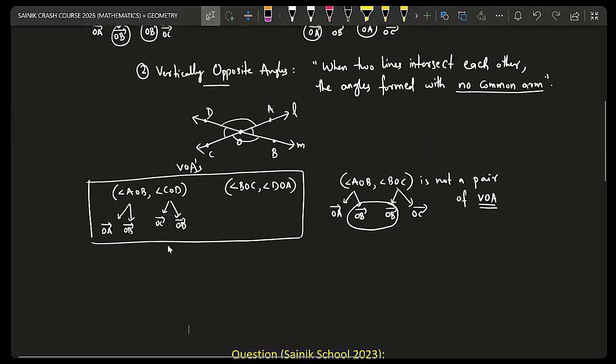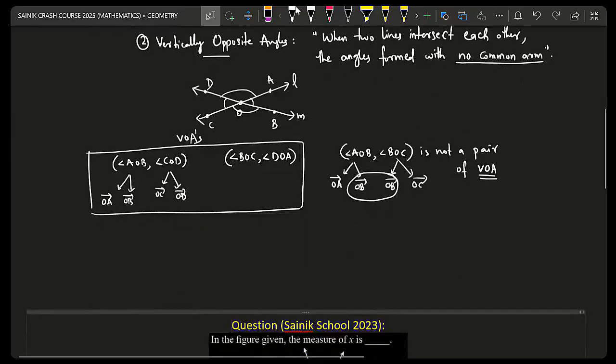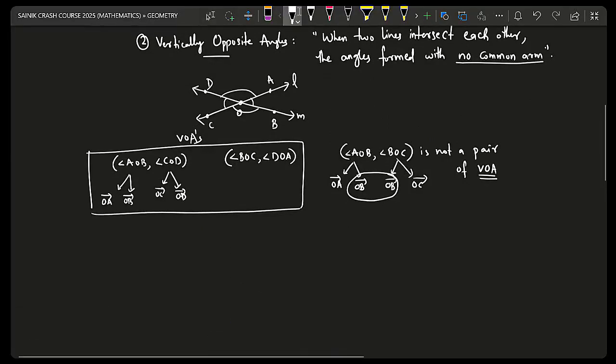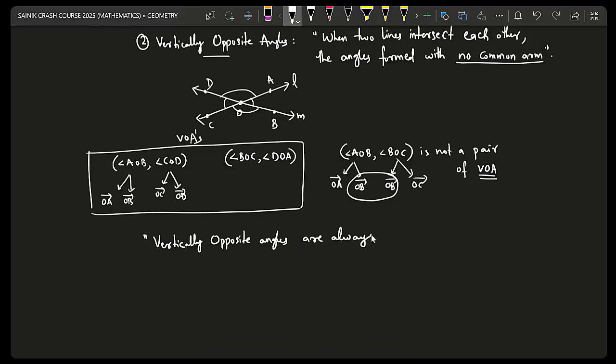And there is an important property regarding vertically opposite angles, and that is: vertically opposite angles are always congruent. Congruent means angles having the same measure, or we can say they are always equal. They always have equal measure.